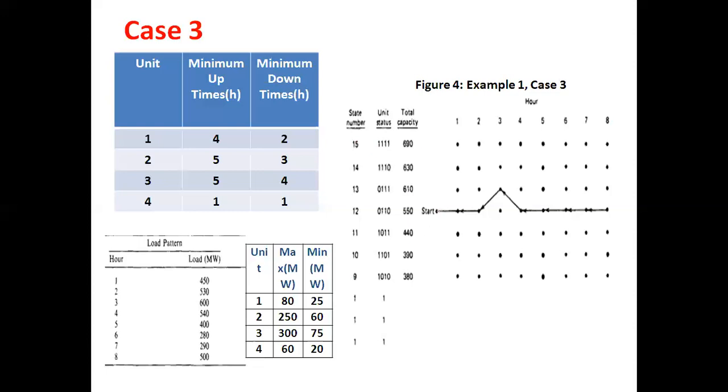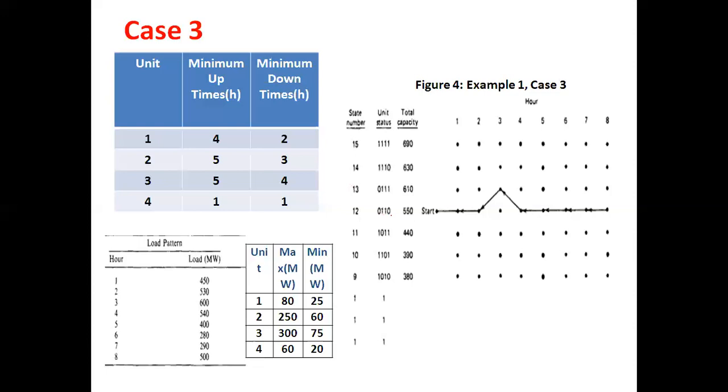We are starting from here. It is clearly seen that the load demand is 450. The capacity summing those means unit state 12, the complete enumeration is done. That is why the 13th state is there.